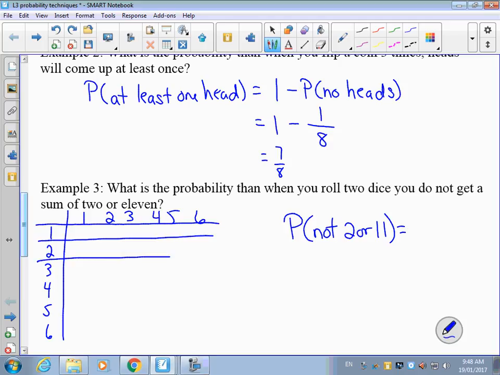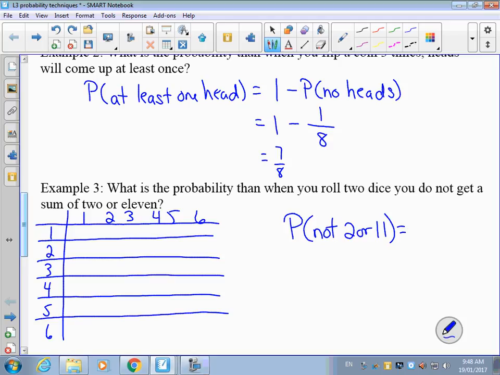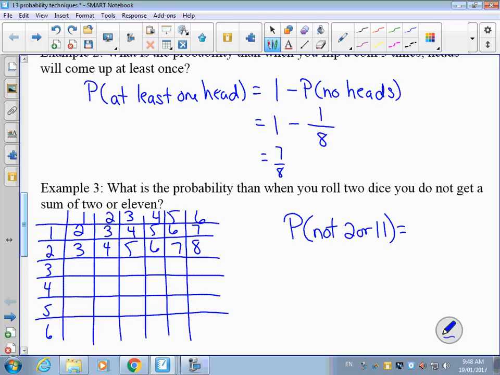And I'm going to quickly draw that table again. So we're going to look at what the dice add up to, all our possible outcomes. And we looked at this with theoretical probability. There's all kinds of patterns in this table, by the way.